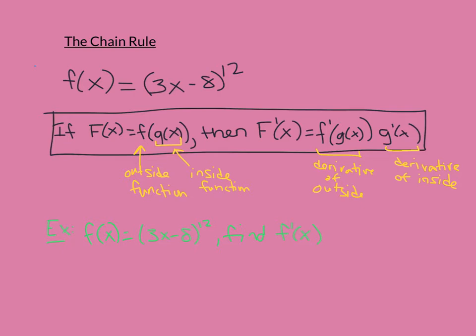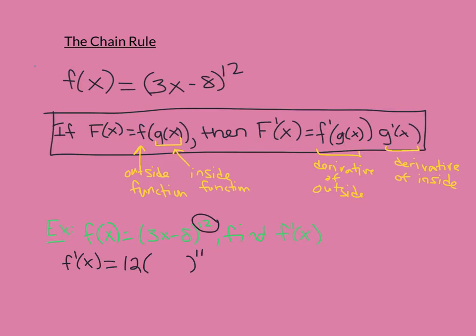The inside is that 3x minus 8. So first thing I'm going to do is remember how to take the derivative of something with the 12th power. I am going to move the exponent out front, and I'm going to subtract 1 from the outside exponent. So I get a 12 out front, and my new exponent is 11.